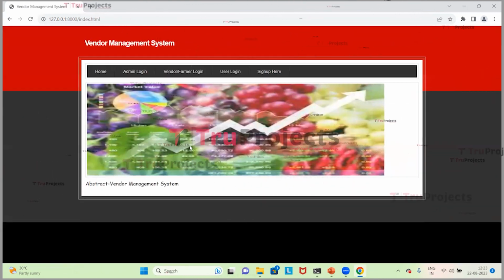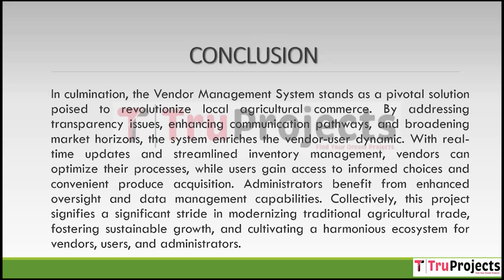Here this is the completed execution part. Coming to the conclusion, this vendor management system emerges as a transformative solution framed to reshape local agricultural commerce. It effectively tackles transparency challenges, amplifies communication channels and widens market reach, enhancing the relationship between vendors and users.